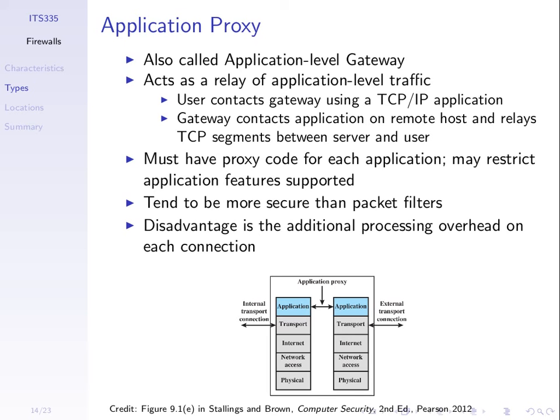So this diagram tries to capture it. Here's our internal network on the left, external on the right, so computers over there. The idea is that our application on our internal computer, when it wants to access an external application, say web browser to external web server, it actually contacts and connects to the application proxy, which is really running a web server here, or a cut-down web server.